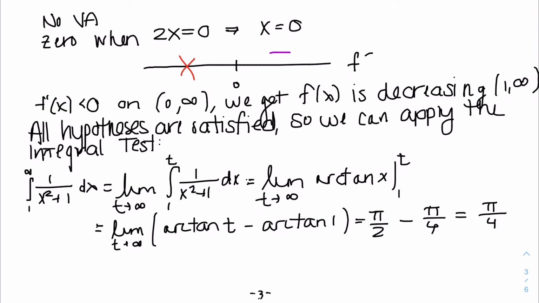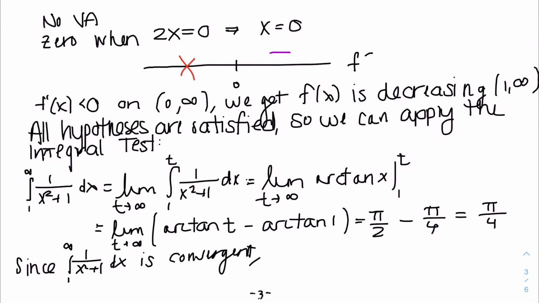So what we can say is, since the integral from 1 to infinity of 1 over x squared plus 1 dx is convergent, our series has to do exactly the same thing.